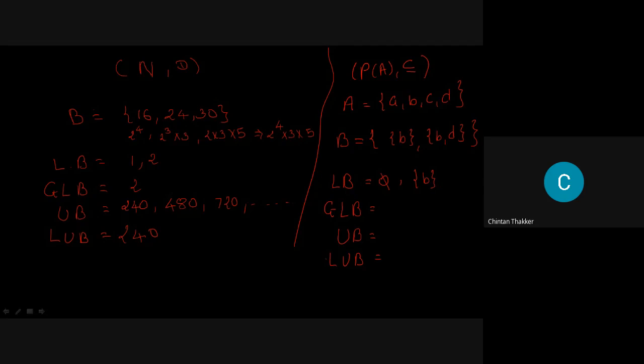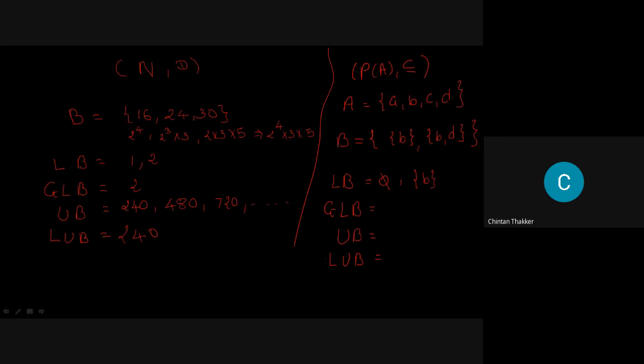The singleton {d} is not a lower bound because it is not a subset of singleton {b}. So we have just two lower bounds. Now, which one is the greatest lower bound?